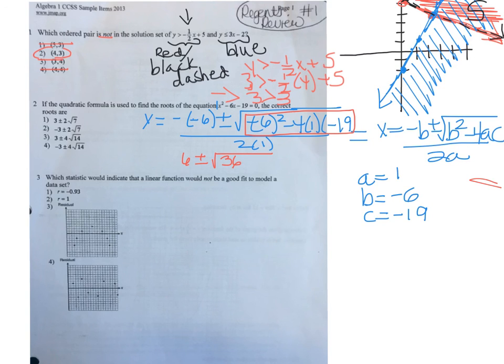And then negative 4 times negative 19 is going to give us a positive 76, all divided by 2.